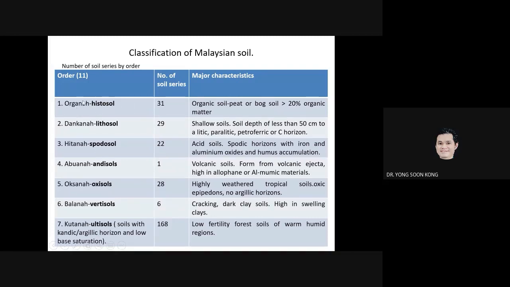Histosol. Histosol is internationally well known. If you ask somebody not from Malaysia what Organa is, they won't know what you're talking about. Now, the unbolded words are the soil orders in Bahasa Melayu. So you might ask me, are we following Bahasa Melayu or Bahasa Inggeris?